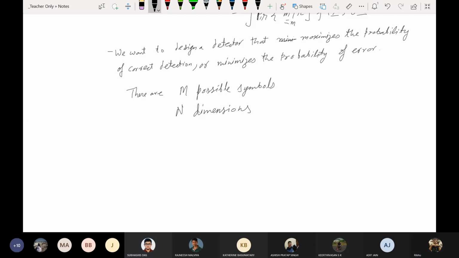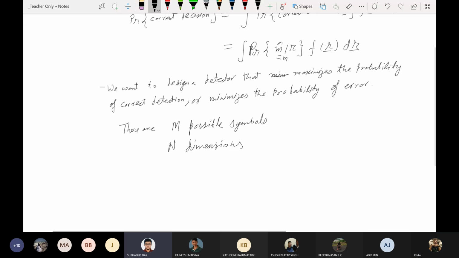Sir, in this case, are we assuming the same values of m and n, or are they distinct? In the last lecture, I defined G as this.